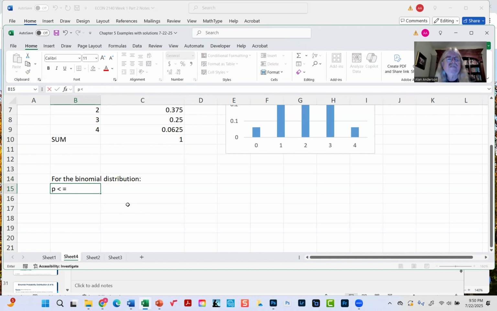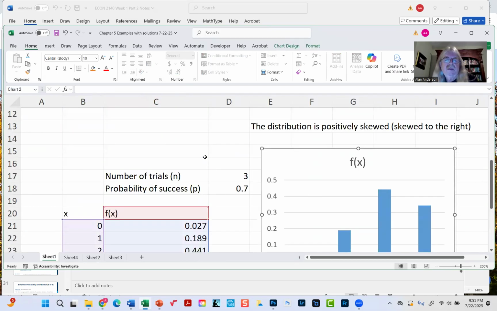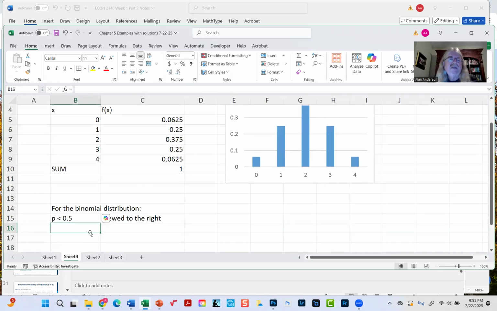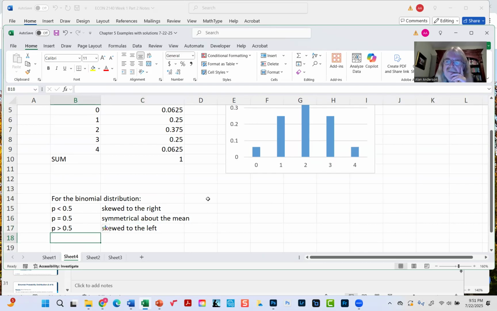P less than 0.5 means the distribution is skewed to the right. That would be this case. And then P equals a half exactly, symmetrical about the mean. And then P greater than 0.5 means that the distribution is skewed to the left.